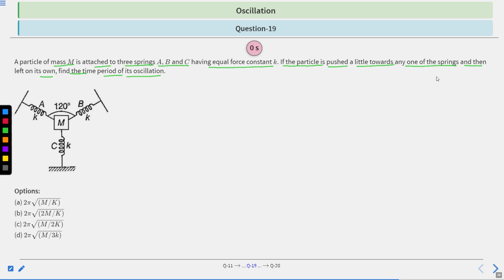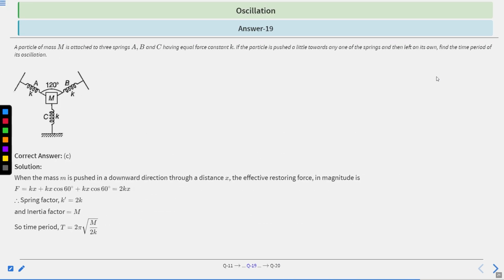Let's find a solution. This is a diagram with three springs A, B, C having spring constant K connected with a mass M, with the angle between A and B being 120 degrees.